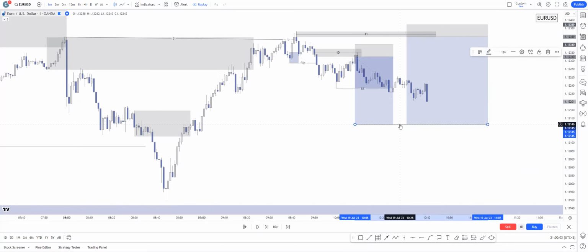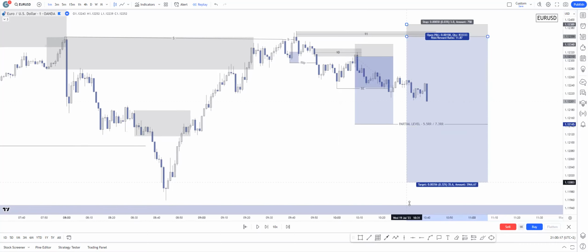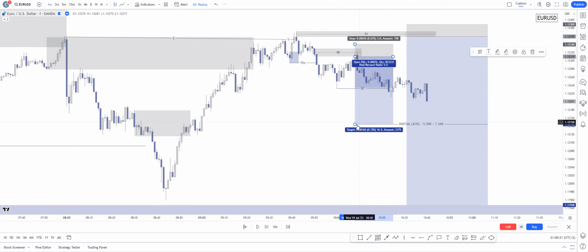So this is a partial level, 5.5 risk reward ratio slash 7.3 risk reward ratio. Let's see if the partial level can be mitigated or not, if price can manage to tap it or not.